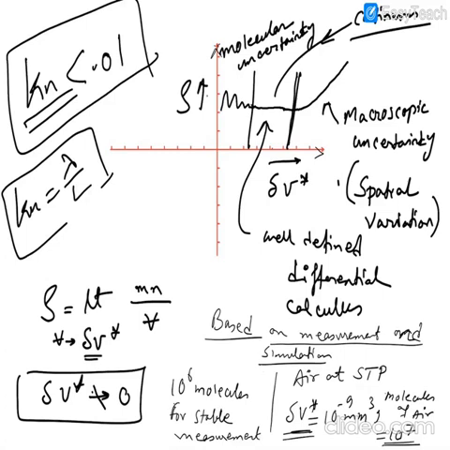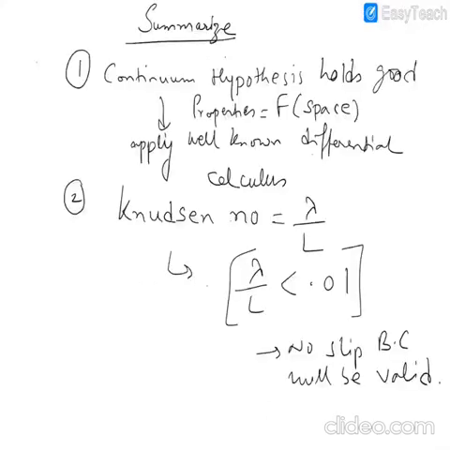So at the end, we would like to summarize. Now to summarize whatever we have done, if the continuum hypothesis holds good, we can apply well-known differential calculus, as we can represent properties as a function of space.